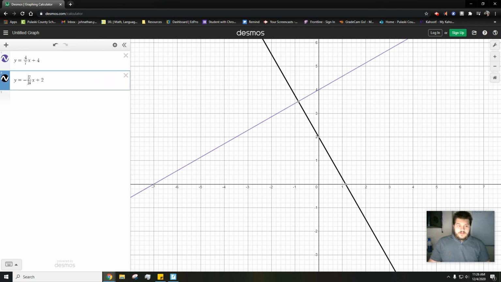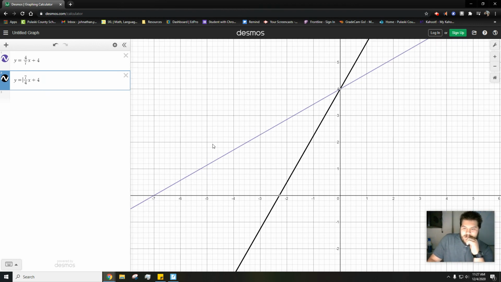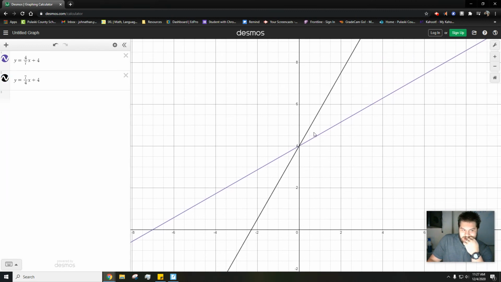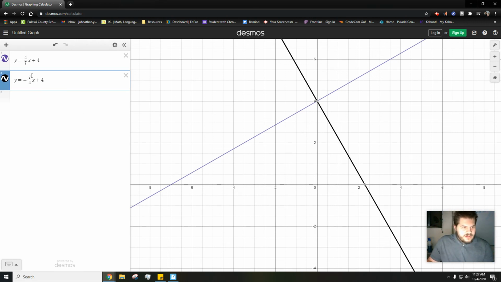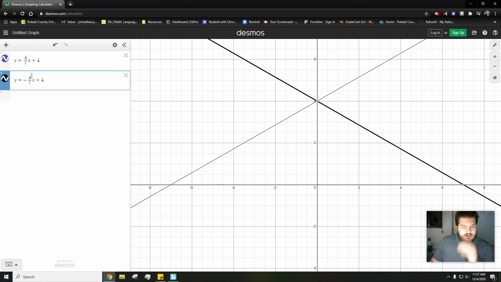Now, just for the sake of being thorough, if I were to get rid of that negative sign, oh, well, that's not exactly perpendicular anymore, is it? No, it's not. And if I were to have a 4 on top and a 7 on bottom, it's not perpendicular either.